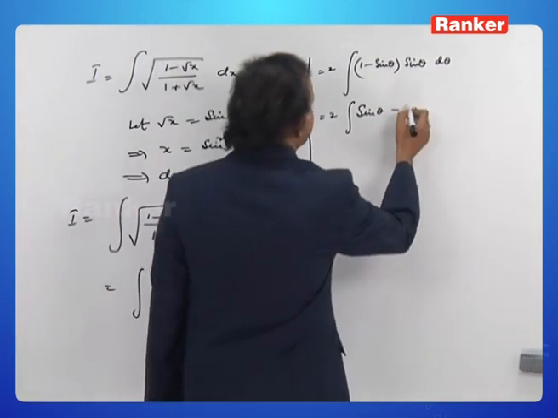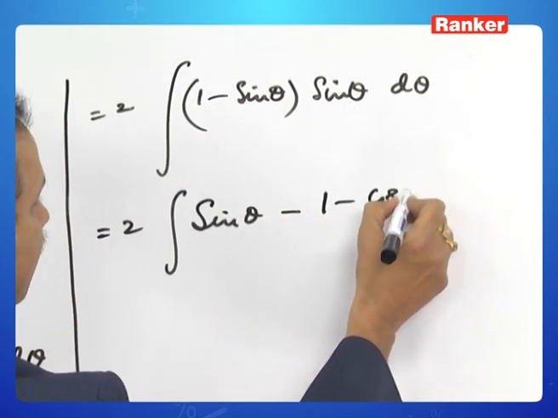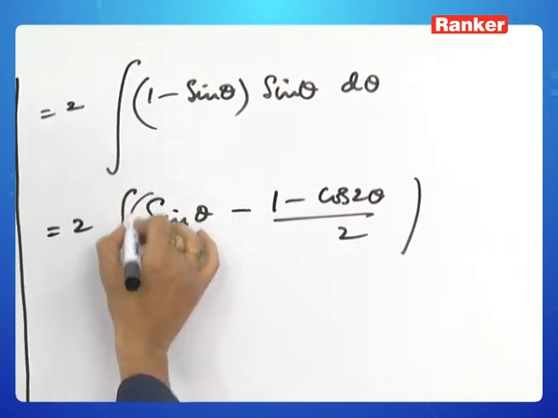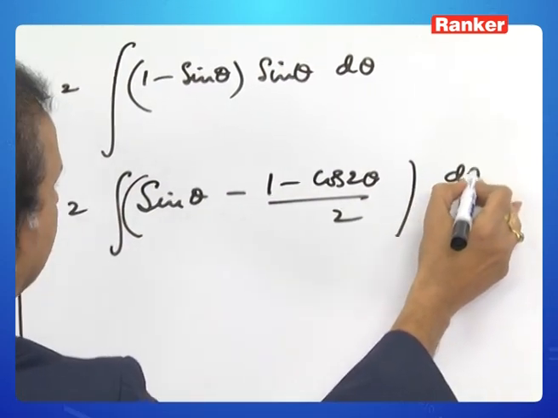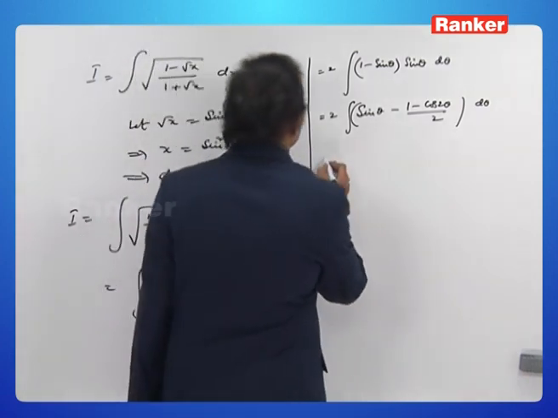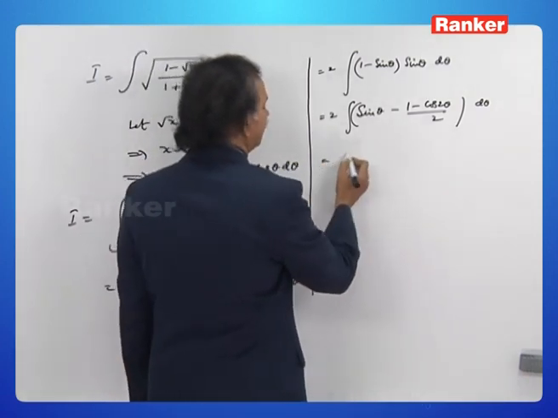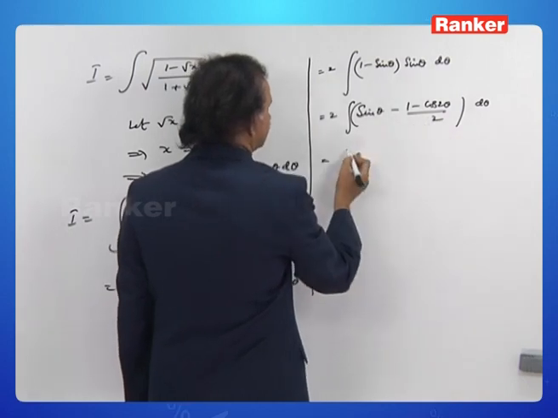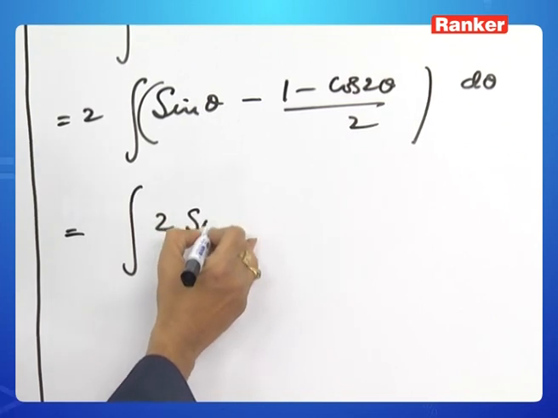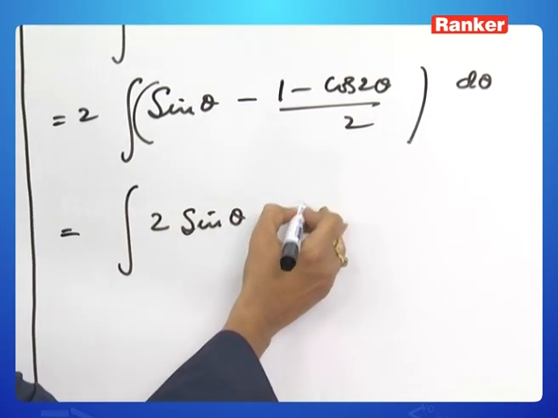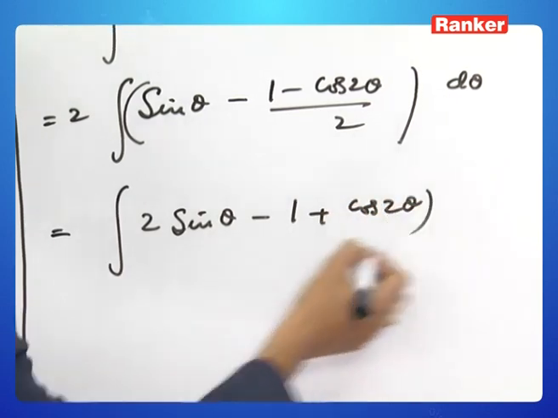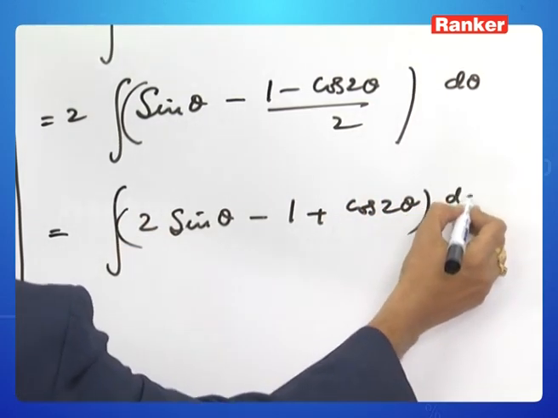For sin square theta, I would like to write 1 minus cos 2 theta by 2, d theta. Well done. Bring these two out; these two will be cancelled. Integral of 2 sin theta minus 1 plus cos 2 theta d theta.